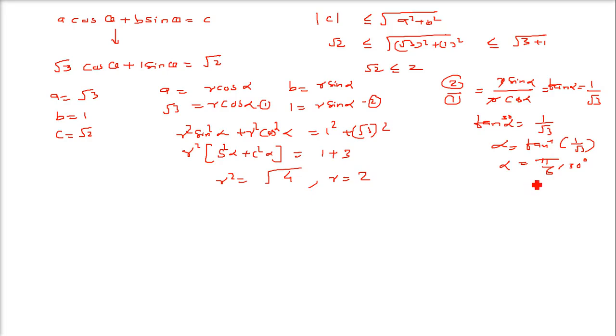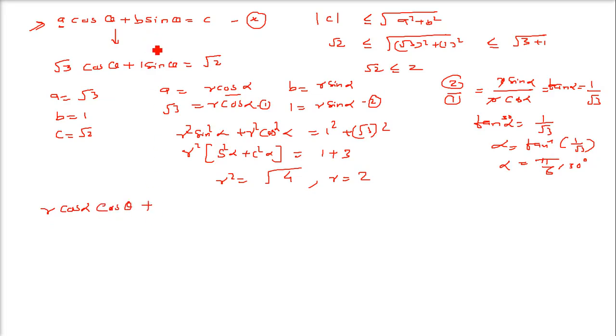Let us substitute this a, which was root 3, as r cos alpha here in this equation. Say this is our x equation. So in x equation I am putting a as r cos alpha. So here a is r cos alpha. Cos theta is already there.